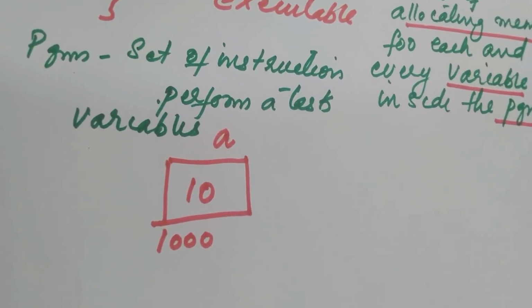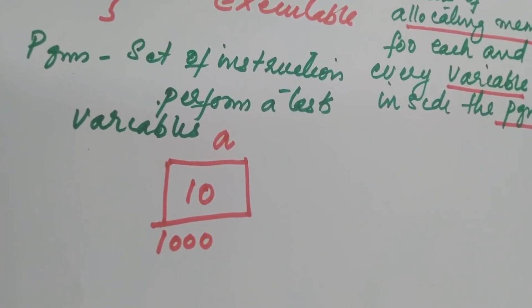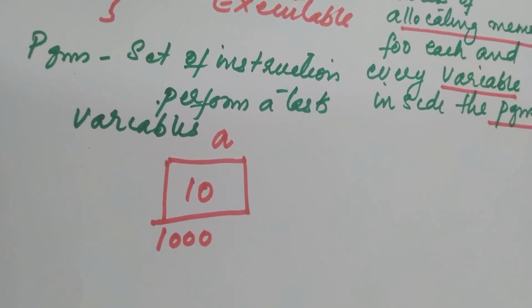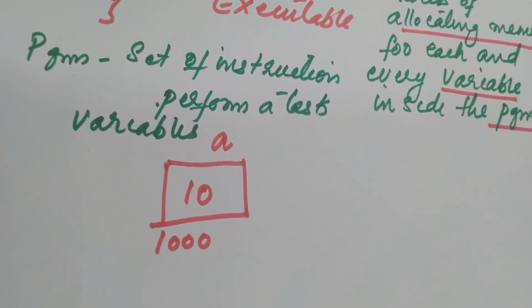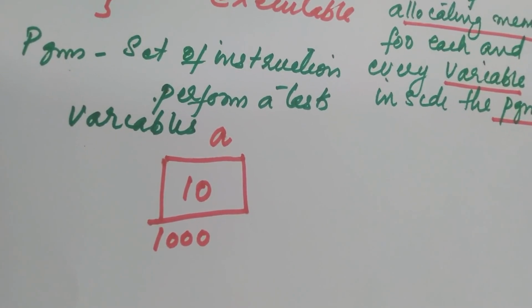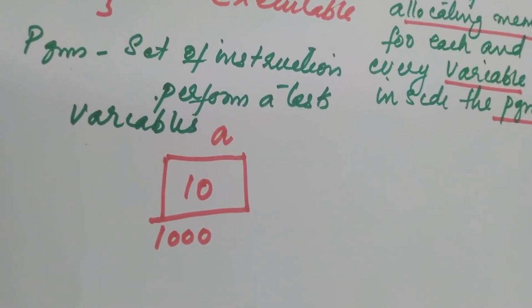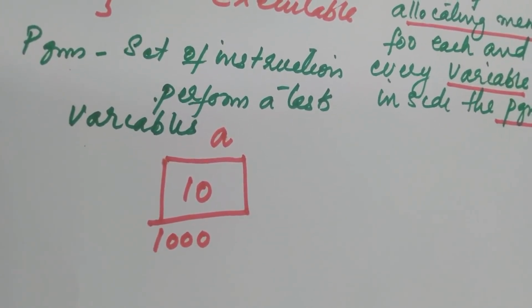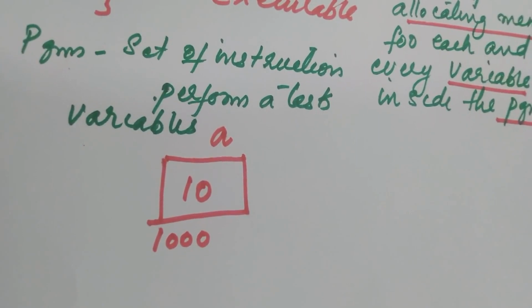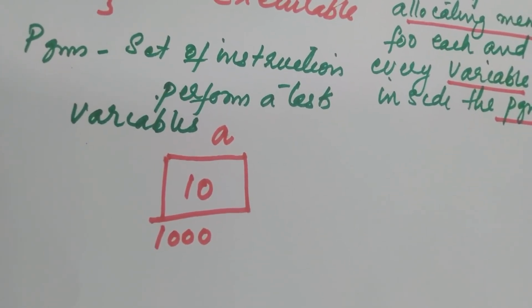So when we get a program, we have to identify what is the output to be generated and what are the inputs to be provided to the system by the user in order to generate a particular output. So in that manner, we have to analyze the total number of variables used inside the program.